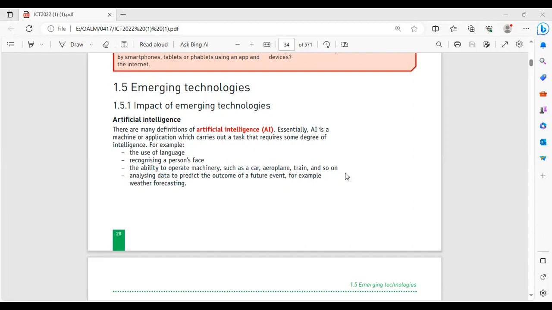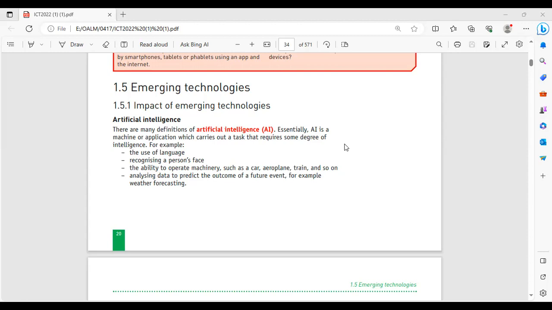It's like recognizing somebody's face, which is used by special agencies like the CIA to identify agents, and also analyzing the data in factories. So one of the examples is AI.